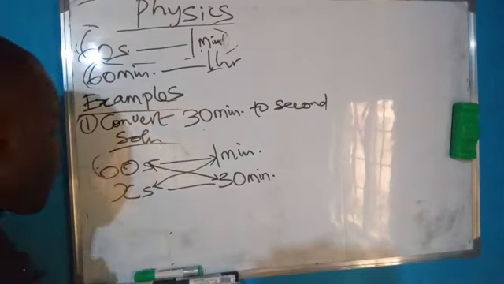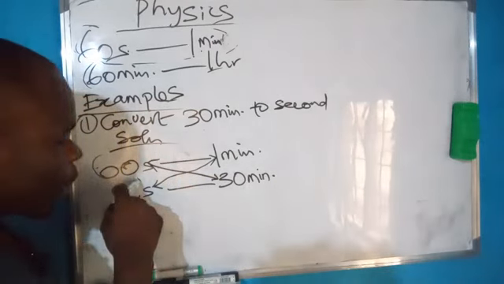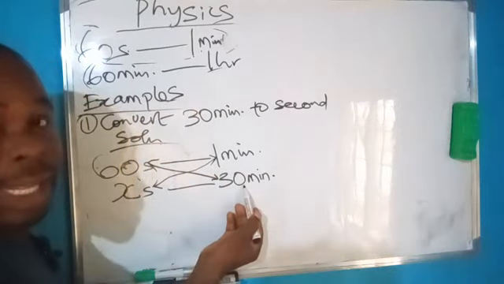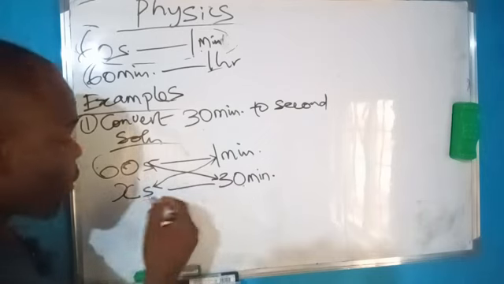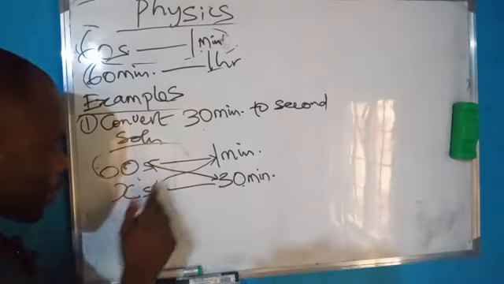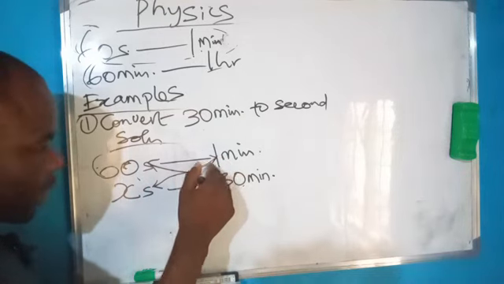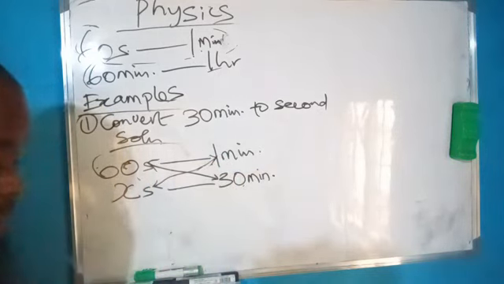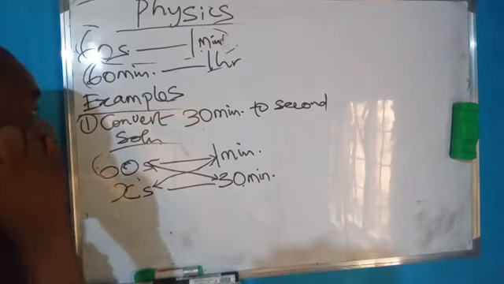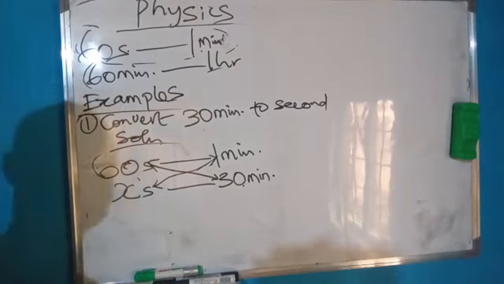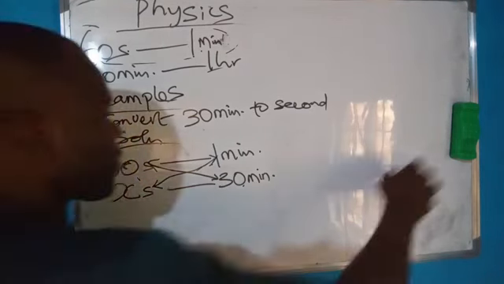So that 60 seconds will be multiplying this 30 minutes, while this x seconds will be multiplying this 1 minute, just in this direction. Is that clear now? So when you must have done this, what's the next step?